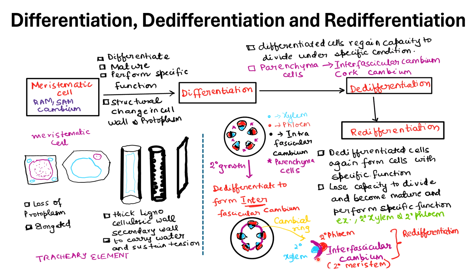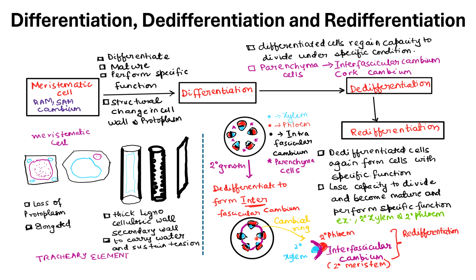Now this formation of specialized structure from the dedifferentiated cell, which have already lost the capacity to divide any further and become mature and perform specific function, is called redifferentiation. Is that clear?